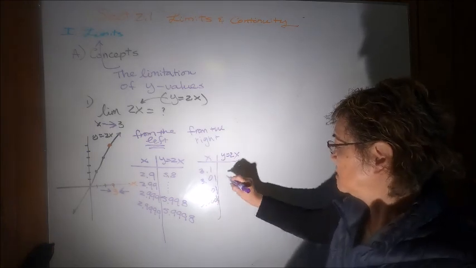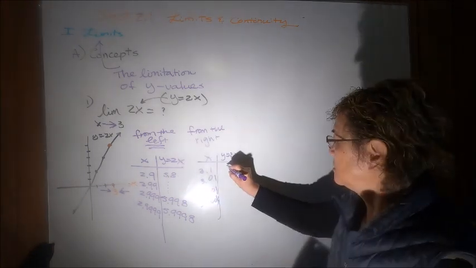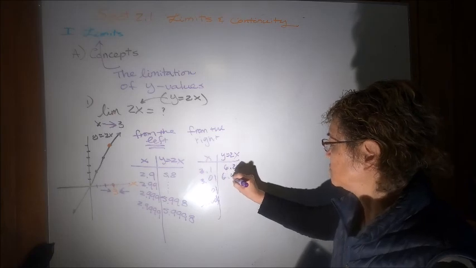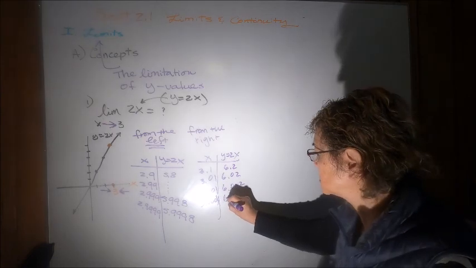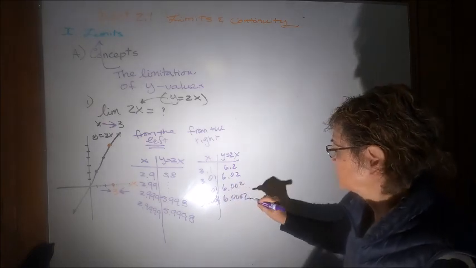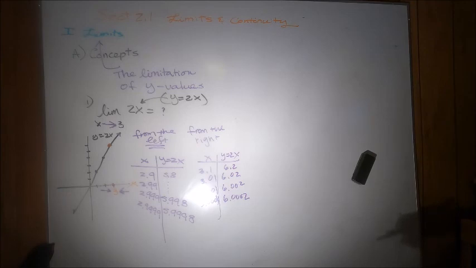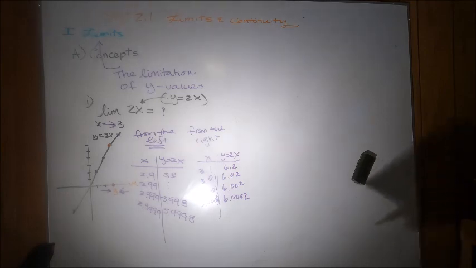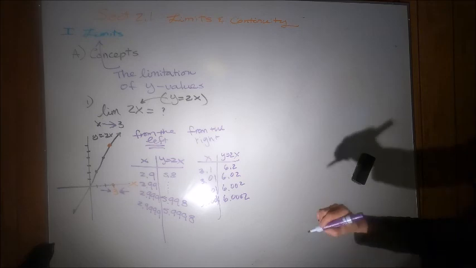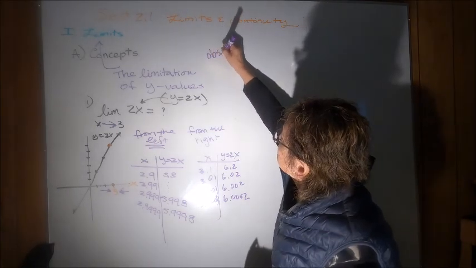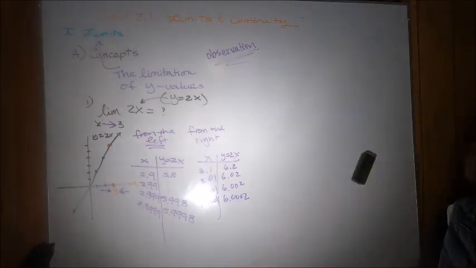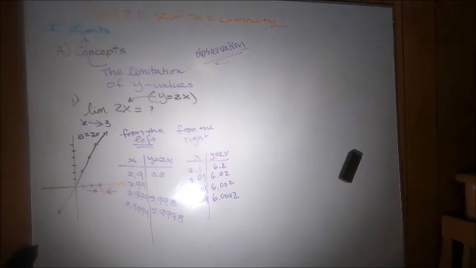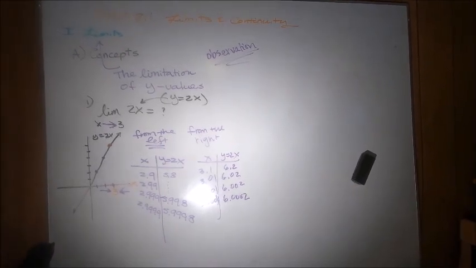So if you double it for the 2x function, that would be 6.2, 6.02, 6.002, right? Getting closer. So what we are doing is we just do it by observation, about the behavior of the limits. That's what we are doing.